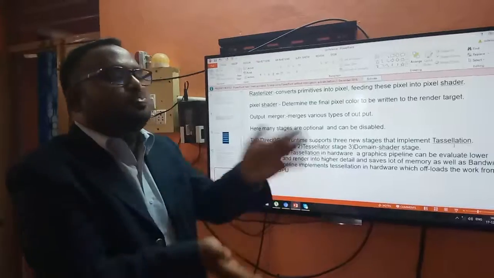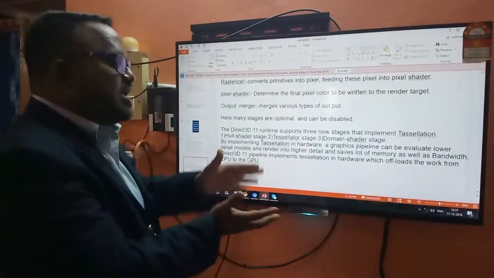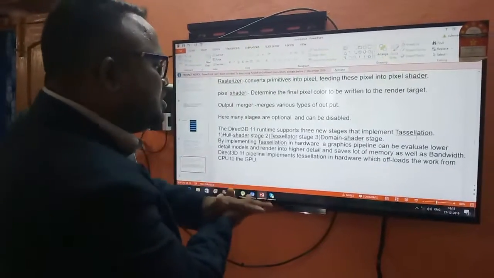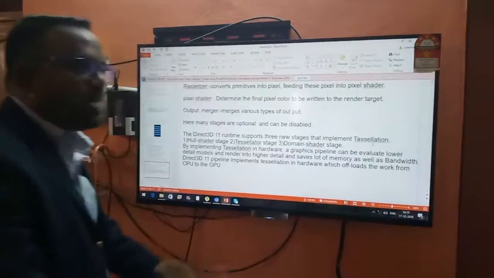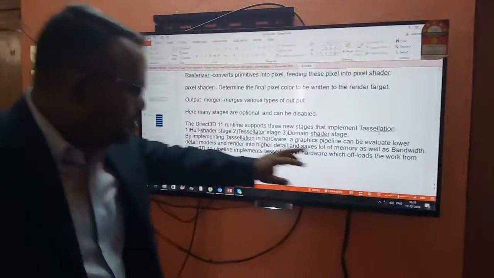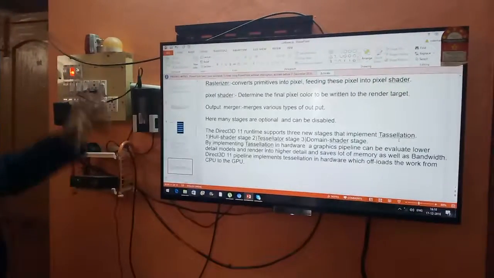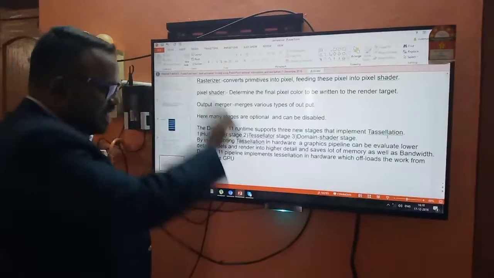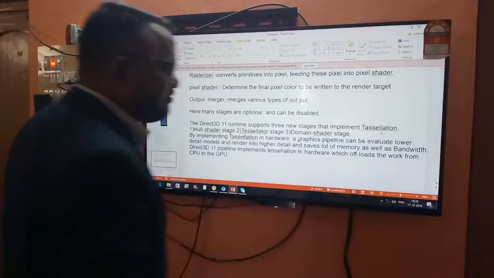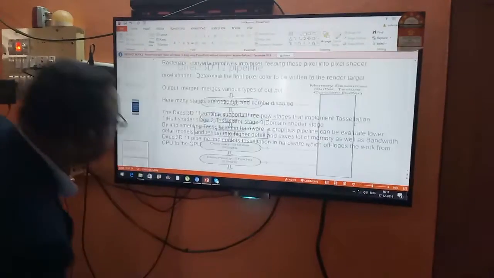Because we are converting into pixels, that means we are compressing the data into pixels, reducing the memory as well as bandwidth, then definitely we can reduce the power. The Direct3D 11 pipeline implements tessellation in hardware, which offloads the work from the CPU to the GPU.